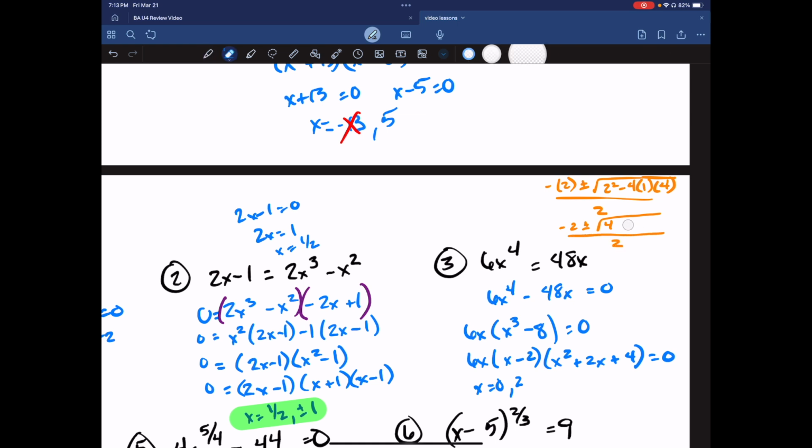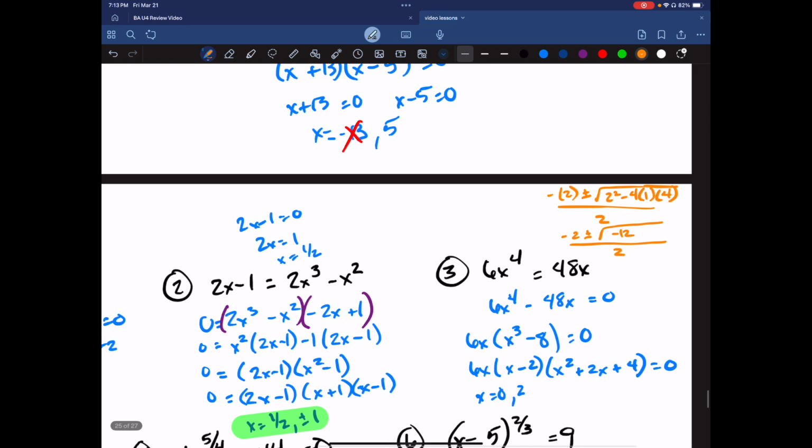It's going to be negative 12. All right, you can simplify radicals just like you can simplify anything else. And that's going to be negative 2 plus or minus 2i square root of 3 over 2, which means this is going to be negative 1 plus or minus i square root of 3.